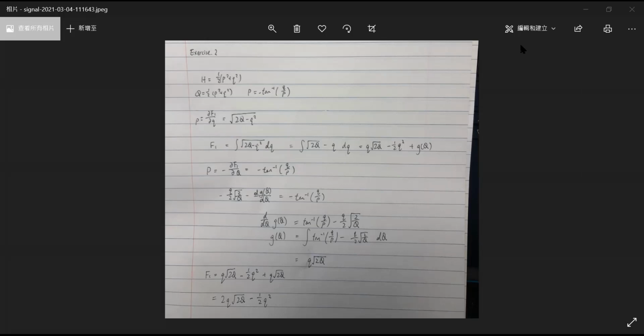Someone says that the square root 2q minus q squared cannot be separated into square root 2q minus q. Yeah, I think that part is not correct. Right, you cannot do that. Oh, right. No wonder everything is wrong. You need to be careful. In the final exam, you would get 0. So you have to be careful.